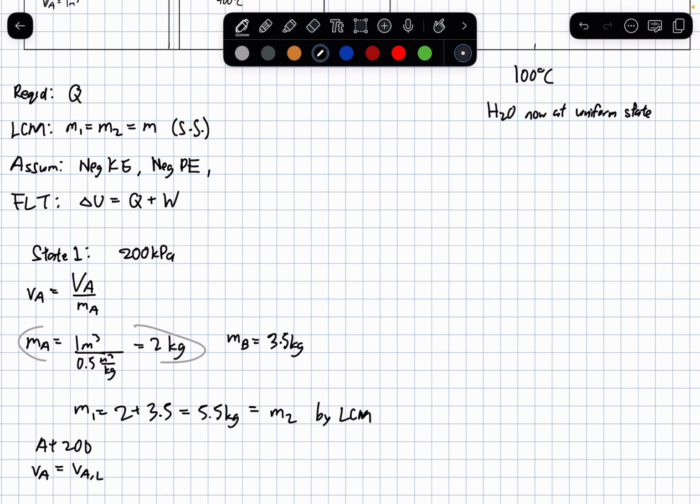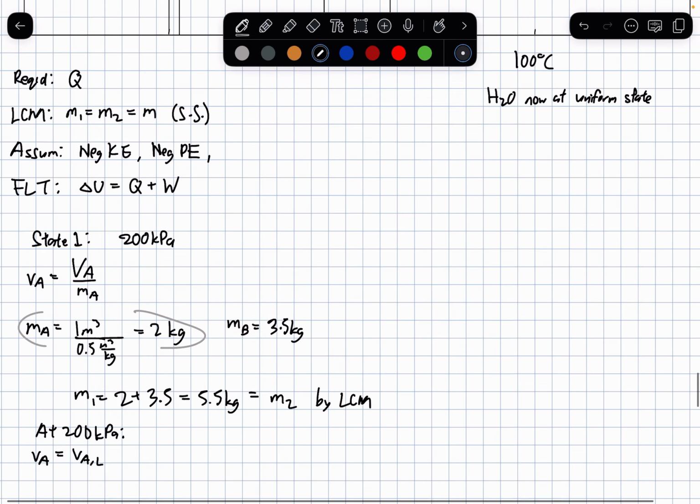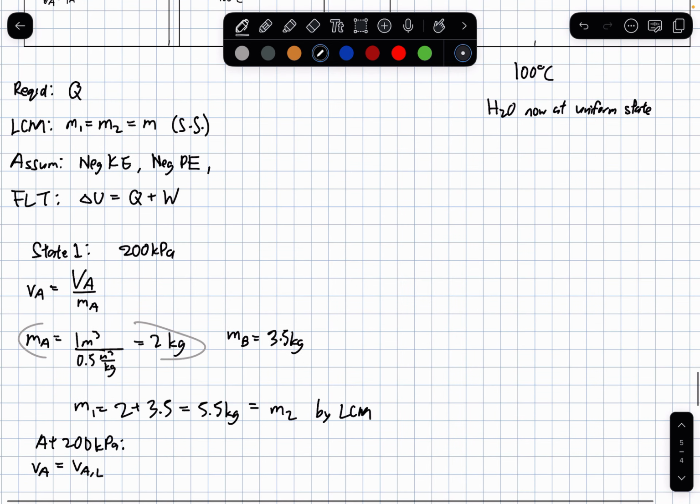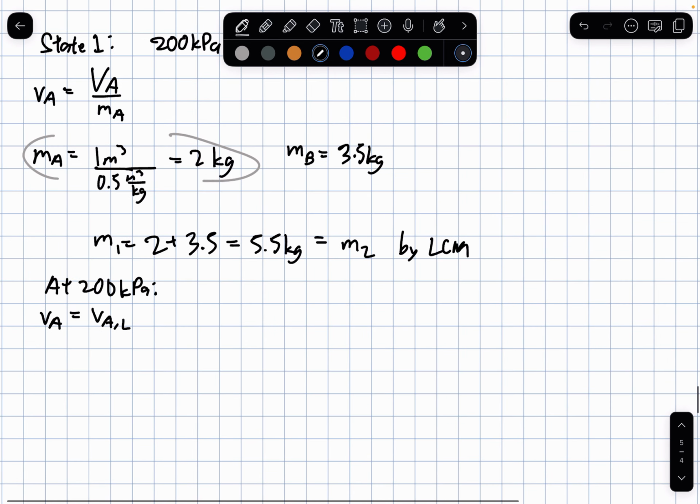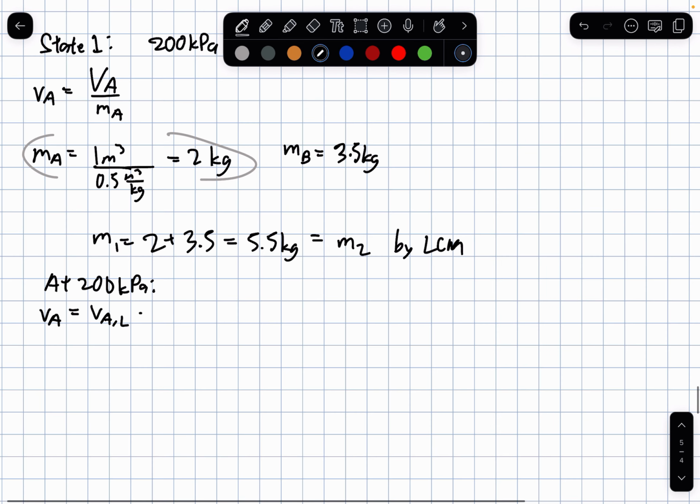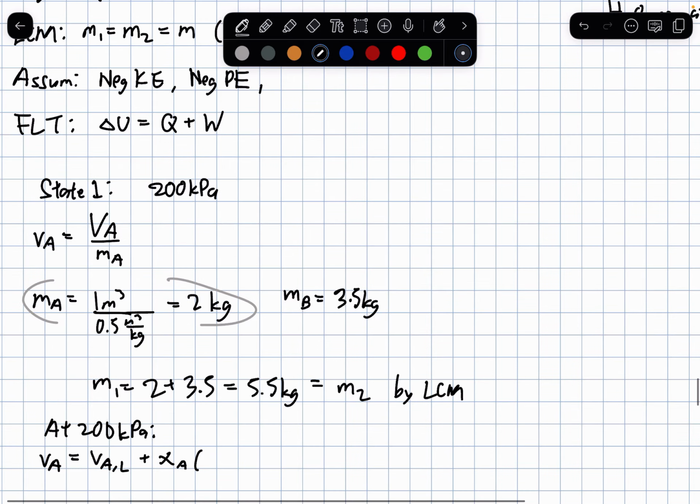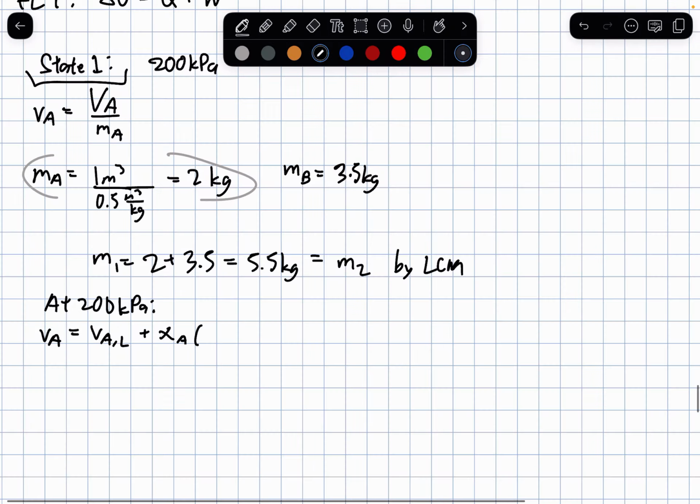At 200 kilopascals, let's determine the state of our room A. If it's a saturated mixture, we might get something from it. So everything here is under state 1.